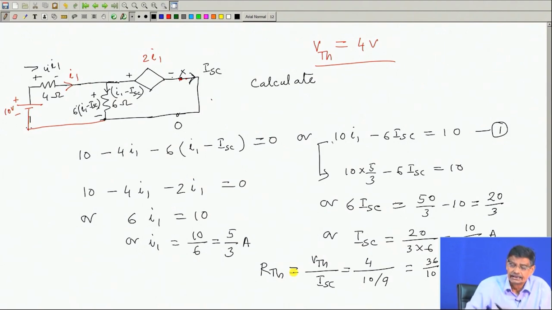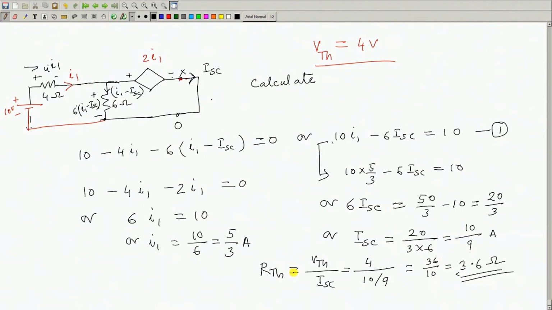We will, in the next class, take a slightly more complicated circuit with dependent sources. Mind you, only one thing I would like to tell you: in a network where both voltage and current sources are present, which may be dependent, independent, whatever it is, suppose I say find the current in a particular branch by applying the superposition theorem, then also you should be careful.